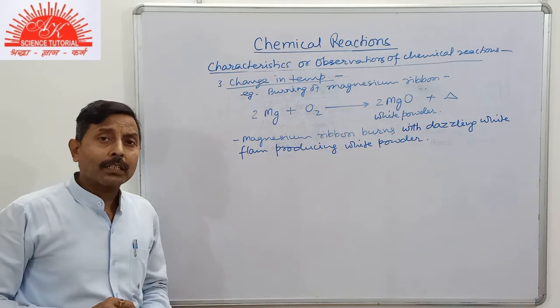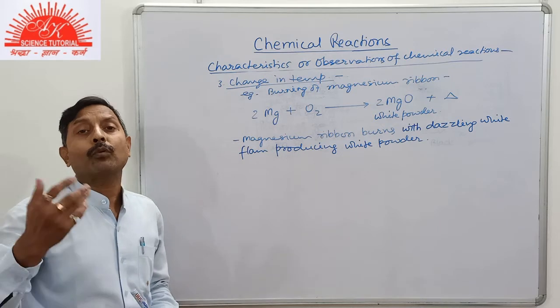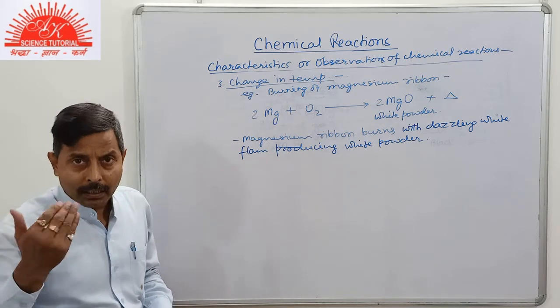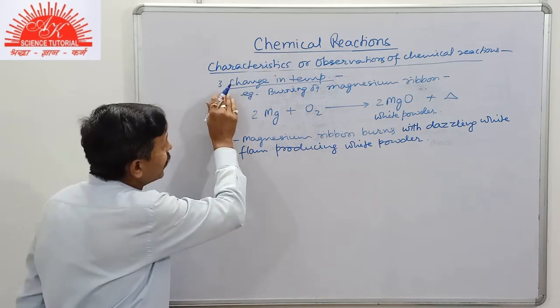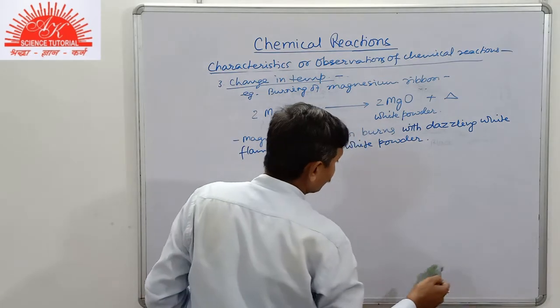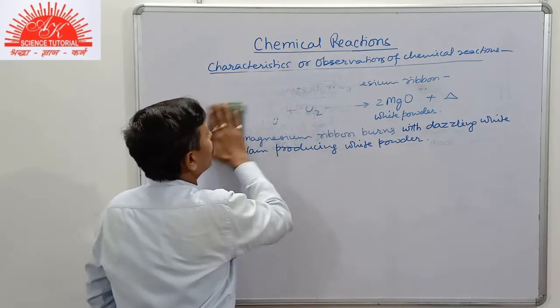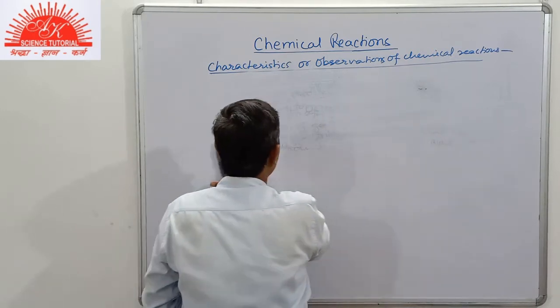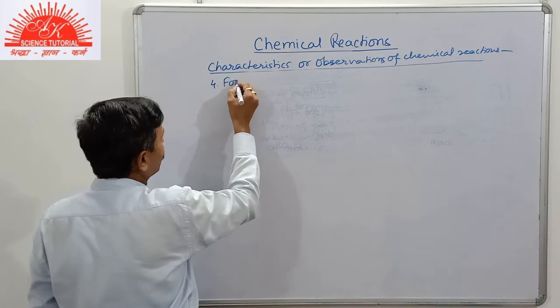Now many reactions are endothermic, like when calcium carbonate is heated. We will study it in a later topic, decomposition reaction. Now so this is the change in temperature. Now again, student, we see there is another observation that can take place, that is the formation of precipitate.